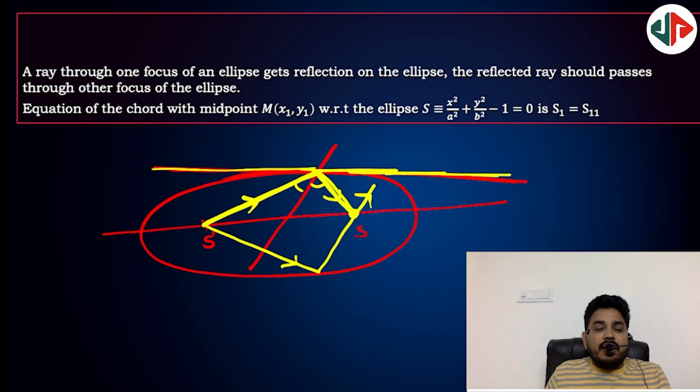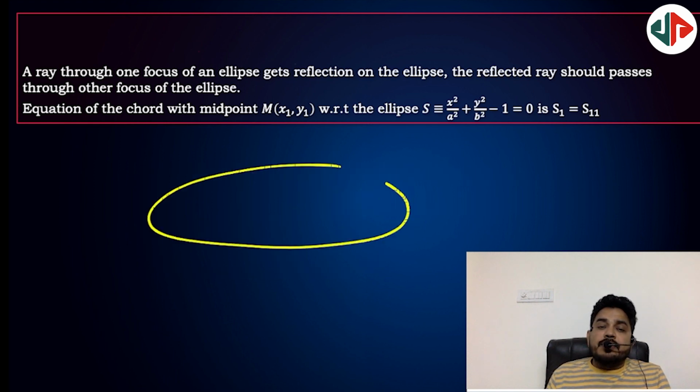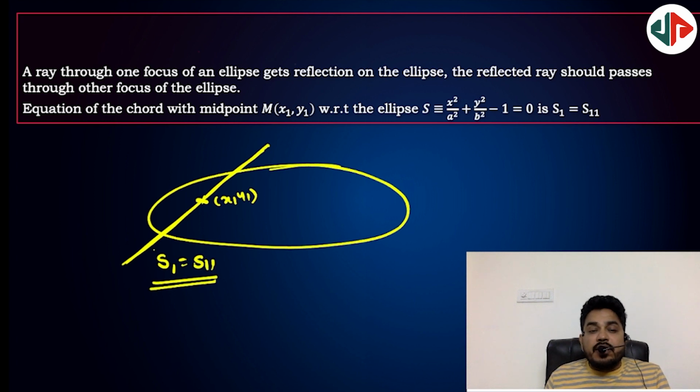Okay. Next one is, if this is the ellipse, a chord is there. If the midpoint of the chord is x1, y1, this chord equation is S1 is equal to S11. This midpoint is S1 is equal to S11.